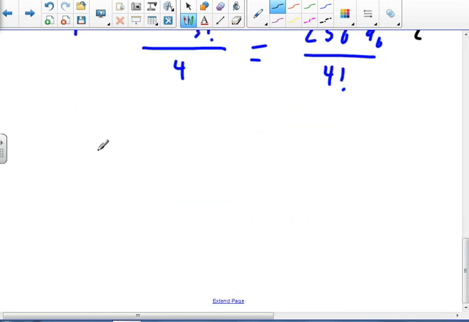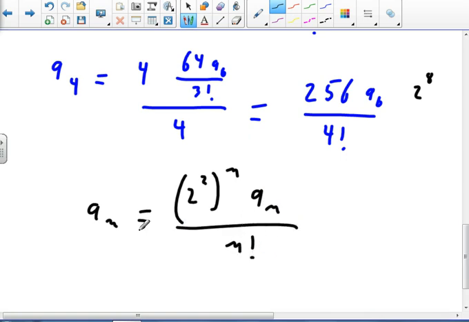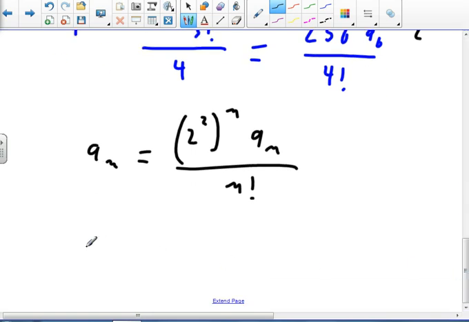So we could say a_n is going to be 2 raised to the 2n, a0 over n factorial. So we could do that. There's a class in mathematics called combinatorics where you would do that. You'd find what it is. It's a 3-credit class. We don't really care. This is a differential equation class, so we might not do that. Anyway, back to where we are.